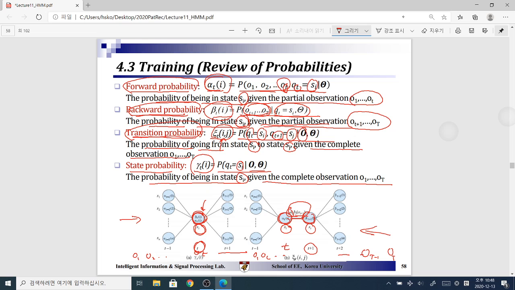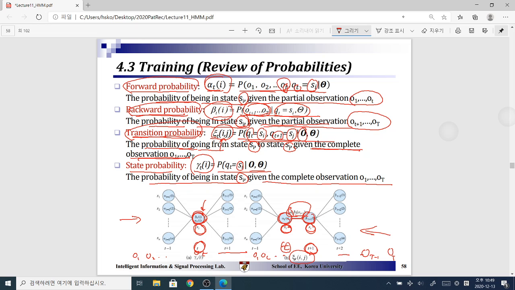I just want to say that the transition probability, denoted by psi sub t of ij, means the probability of going from state i at time t to state j at time t plus 1, given the complete observation.